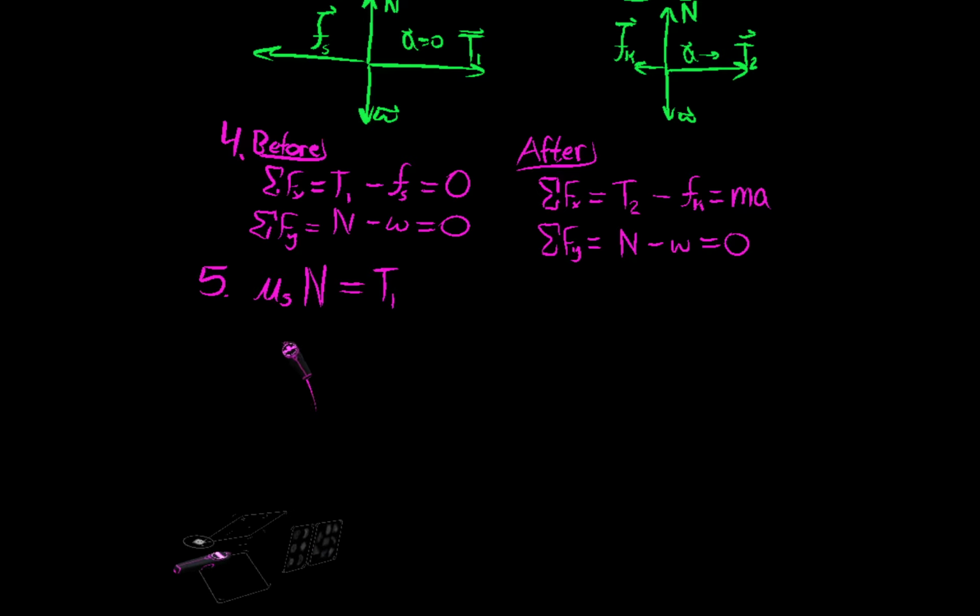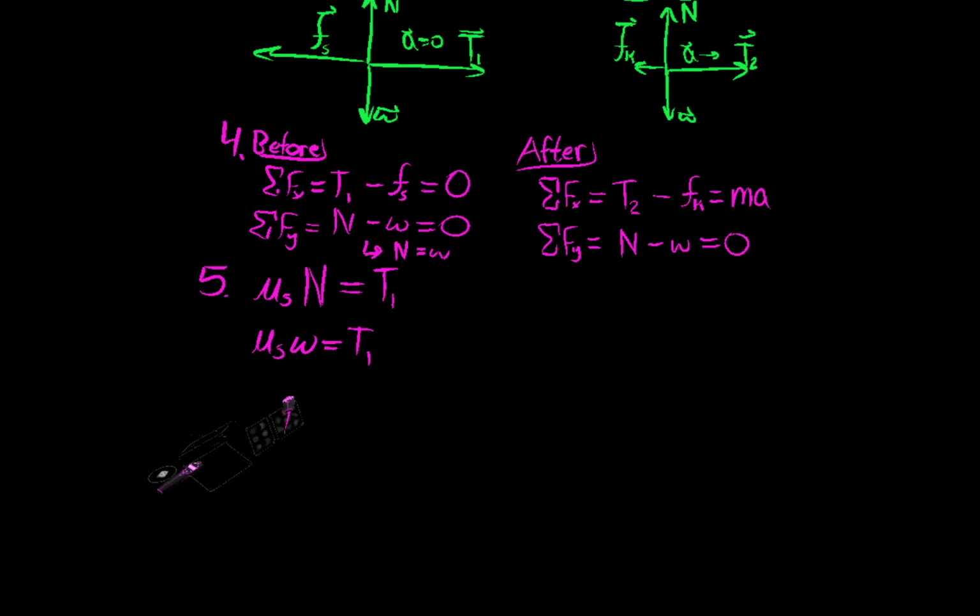And we can solve for the normal. So this means the normal force is equal to the weight. They gave us the weight. It was 500 newtons, right? So that would mean that mu sub s times the weight is equal to T1, or that mu sub s is equal to T1 over the weight.